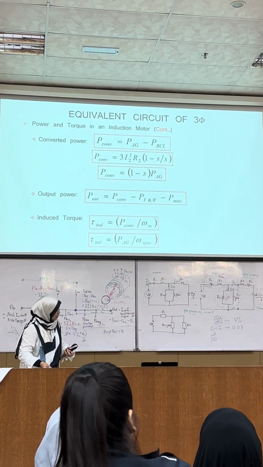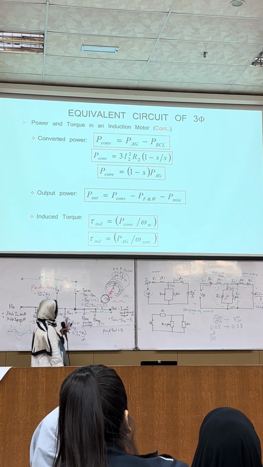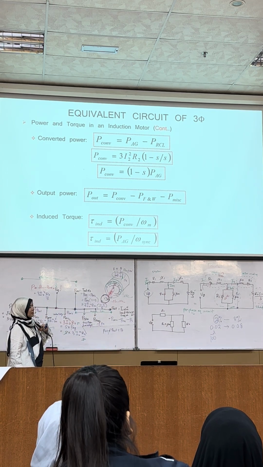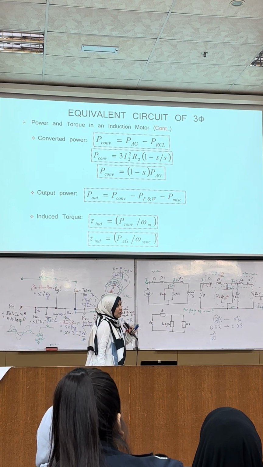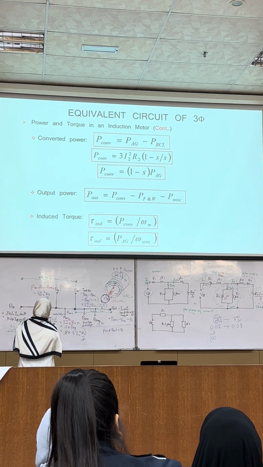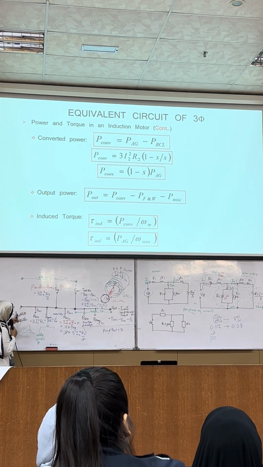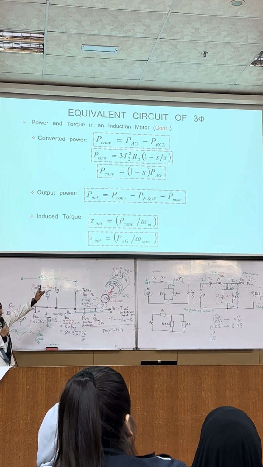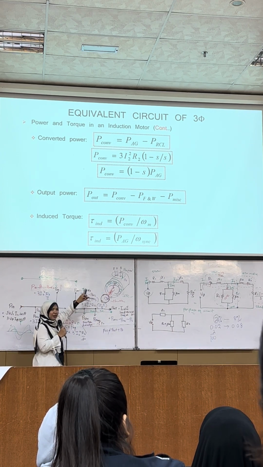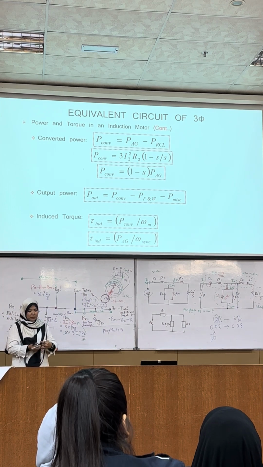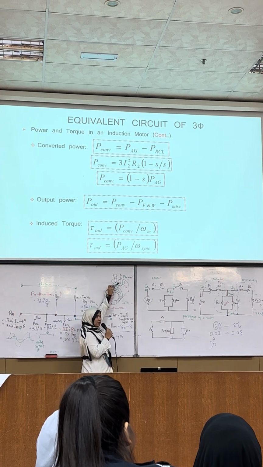Okay. Now. Yang mana spesifik? Dari P in sampai P out. In a nutshell, bila you bagi power, kan? Power tu akan ada input kepada output. So from input, dia ada path, dia ada flow dia.